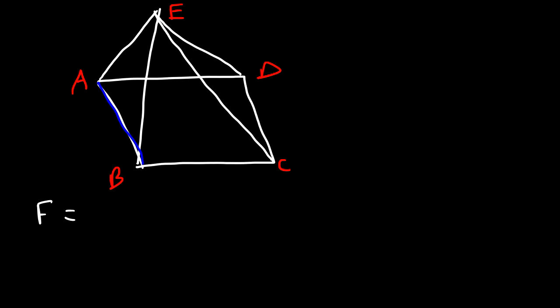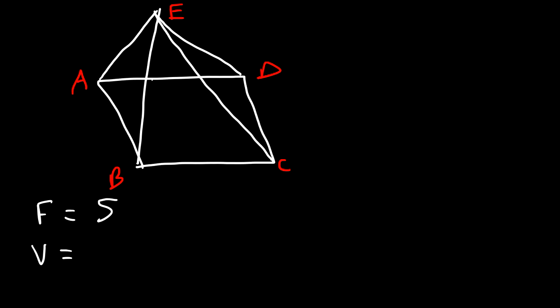So we have face ABCD. That's the base of the pyramid. Another face is AEB. That's 2. And then EBC is another one. So that's 3. And then ECD. That's 4. And then the one in the back, EAD. That's 5. So there are 5 faces in this figure.